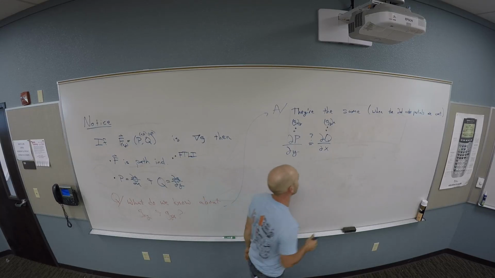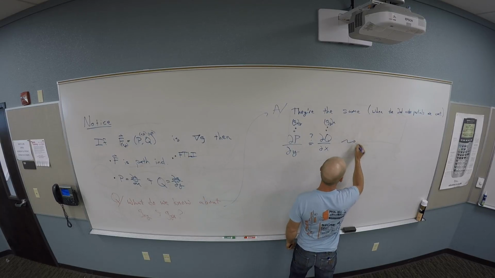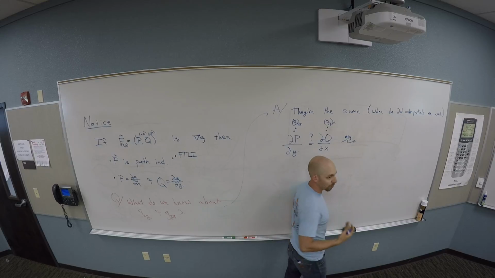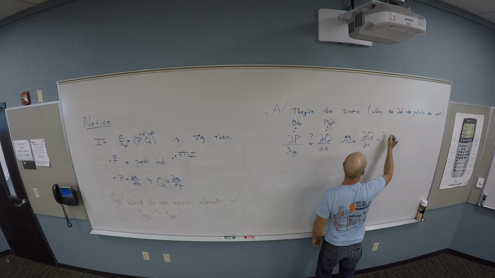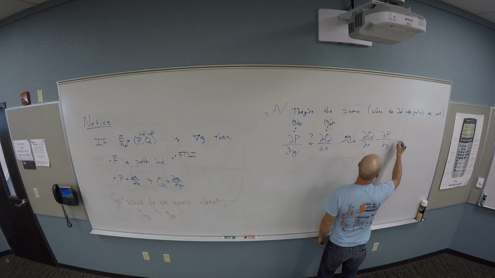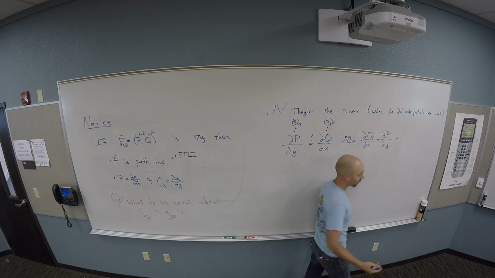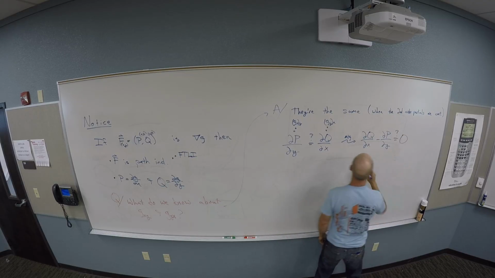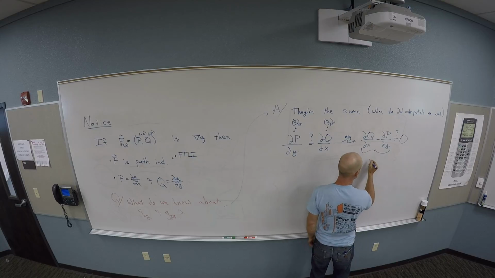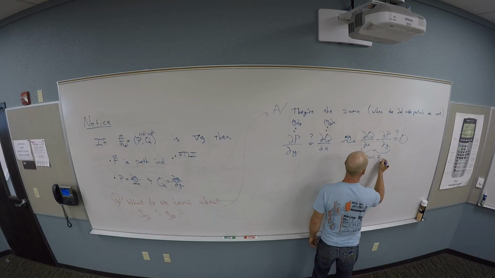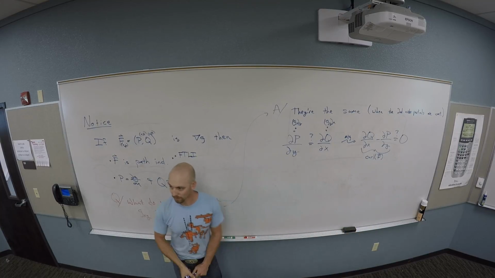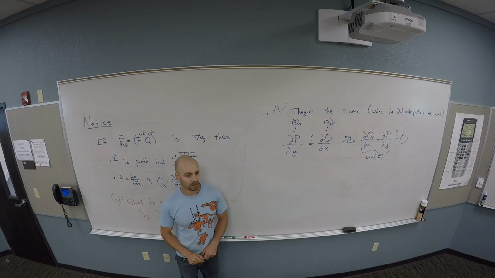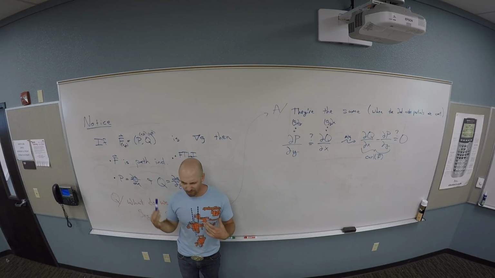So let me rearrange this just slightly. This is just an algebra rearrangement. I've got the partial of Q with respect to x minus the partial of P with respect to y, and that's going to be 0. This thing, we call the curl. And I don't quite have the thing I want.